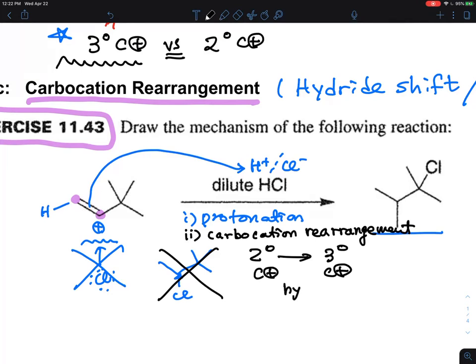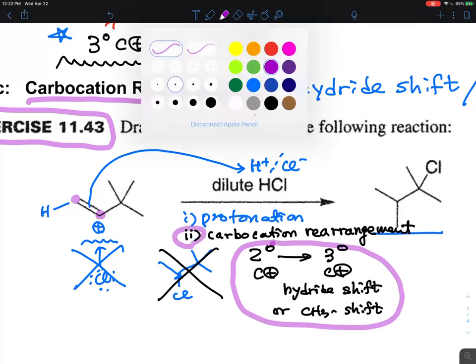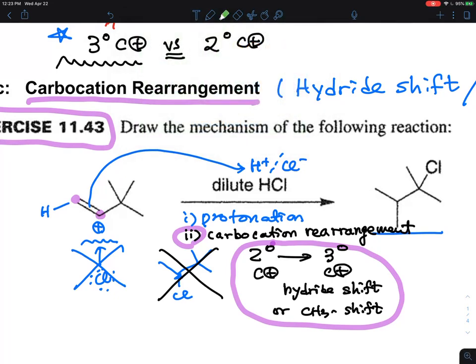essentially by hydride shift or methyl shift. Okay, so that's the idea that you should implement here. And that's the second step. And what you see here now, I'm going to use different symbols. So I know that this is where the carbocation should be developed first.